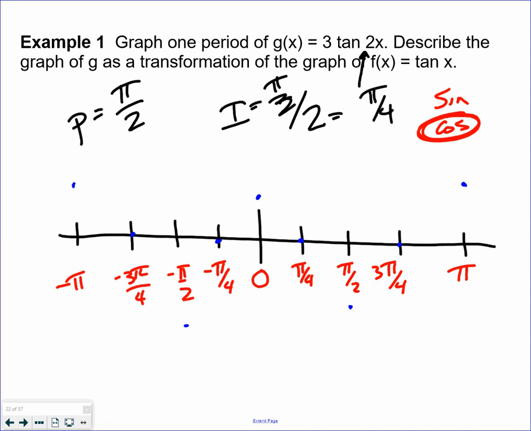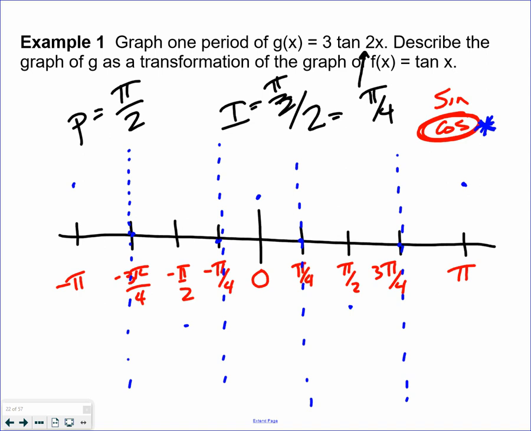And so here's what happens. Every time the underlying curve hits the midline, it causes an asymptote. So every time the underlying curve, so again, the underlying curve for tangent is cosine, hits the midline, it causes an asymptote.